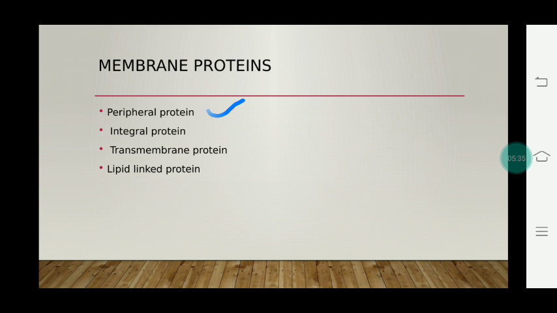So, we know about the phospholipid bilayer structure. The inner tail, which is hydrophobic, is not going to interact with the peripheral protein.